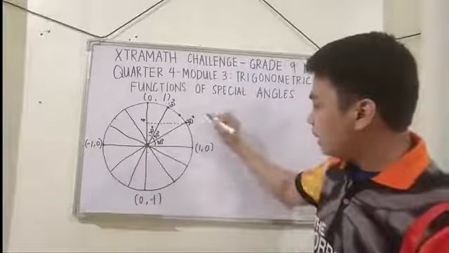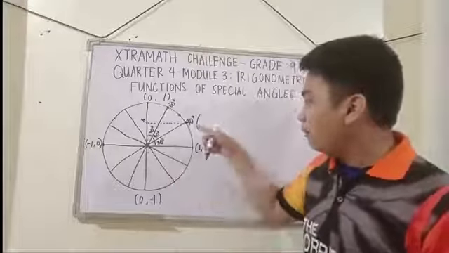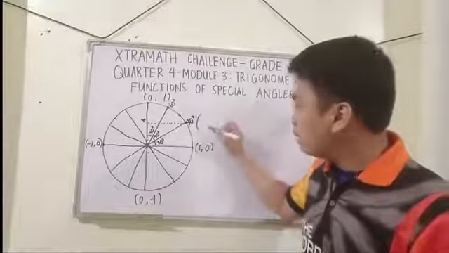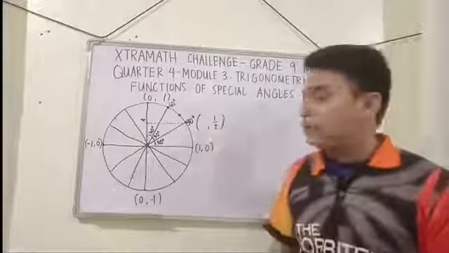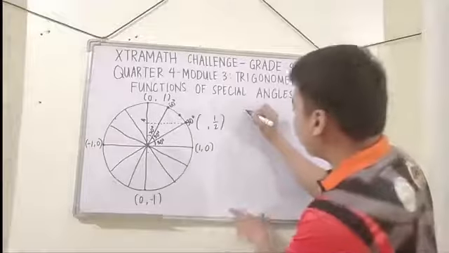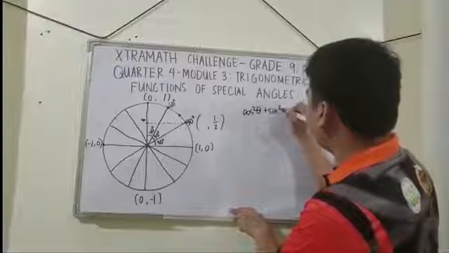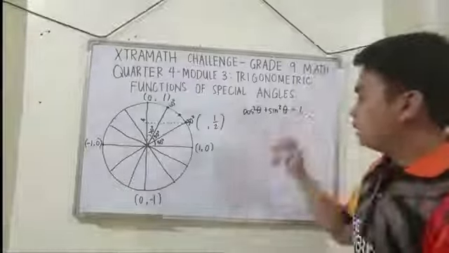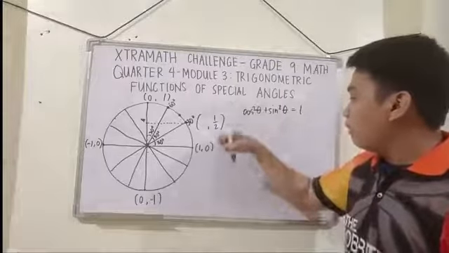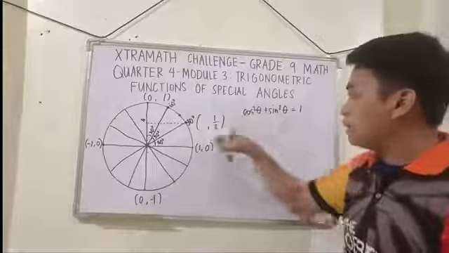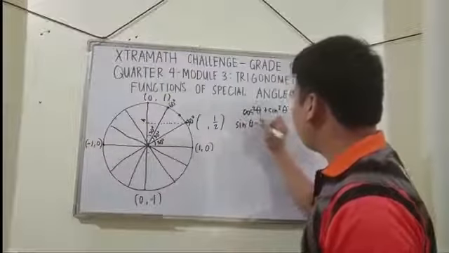So we can say that the y coordinate of this point is equal to 1/2. So how are we going to find the x coordinate? We are going to use the identity cosine squared theta plus sine squared theta equals 1. We have already found the value of sine theta, which is equal to 1/2. So again, sine theta is equal to 1/2.